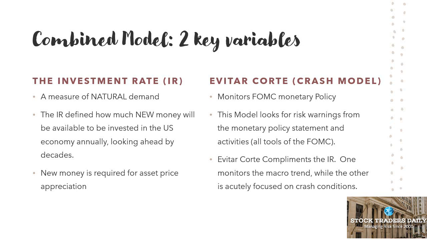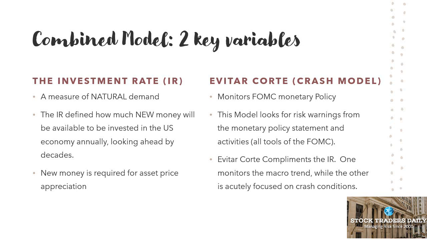It measures liquidity. It measures the natural demand from people for new investments. And the new money matters. In fact, new money matters most because you can't churn old money, already invested money, and expect asset price appreciation. So on the one hand, we're looking at liquidity, the investment rate.